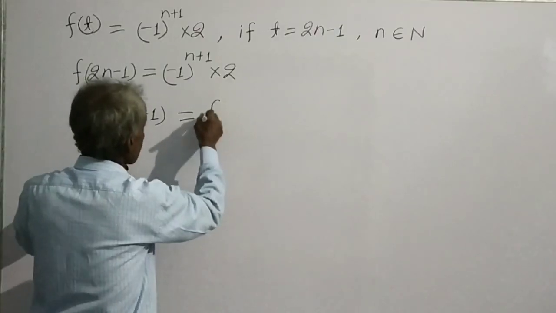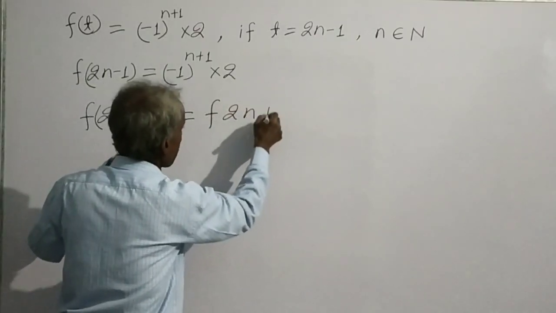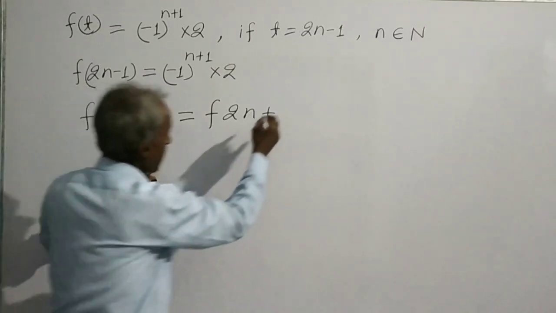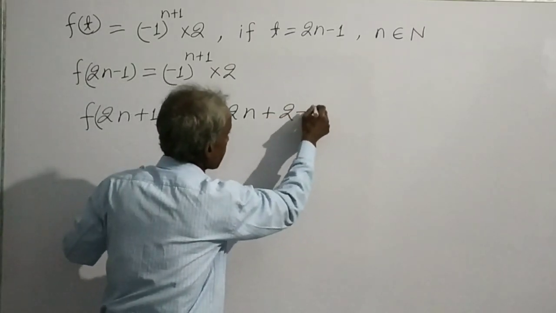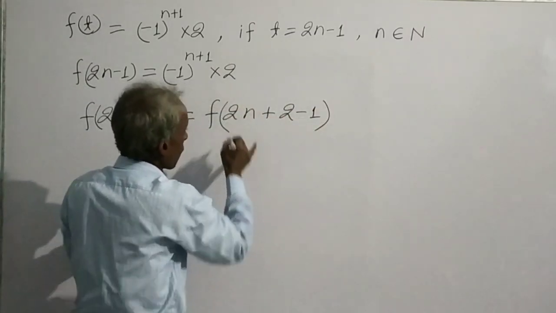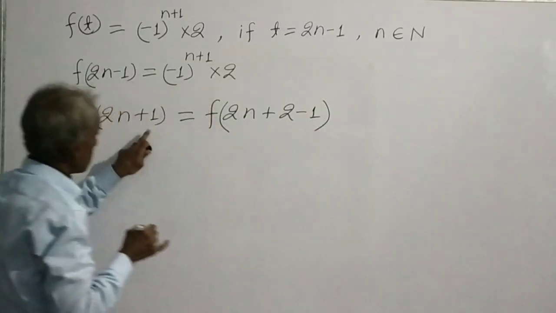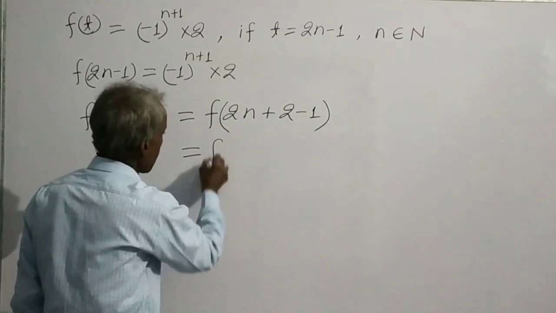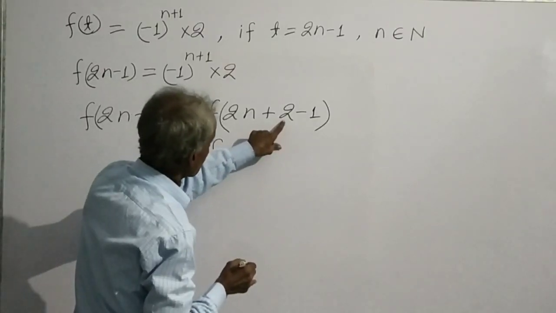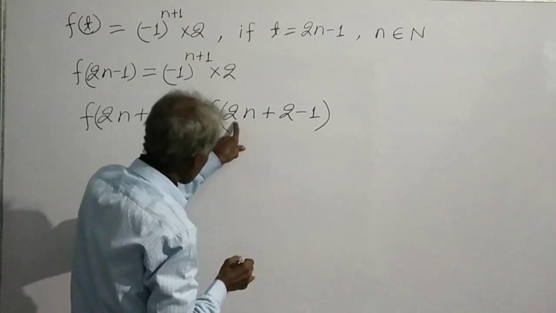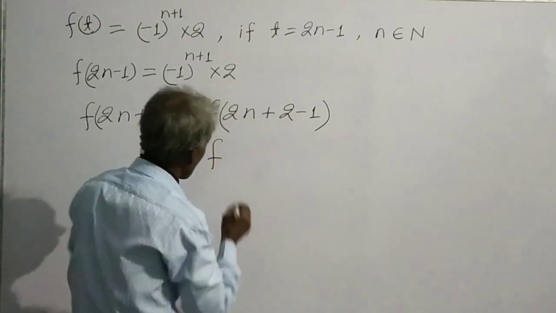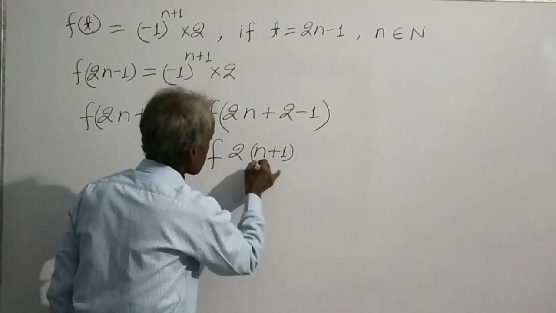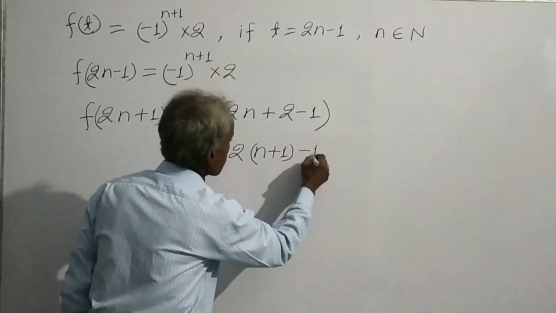This is equal to f(2n plus 1), and we write here 2 minus 1, because 2 minus 1 will be equal to 1. That is equal to f, we take 2 common from 2n and this 2, f(2(n+1) minus 1).